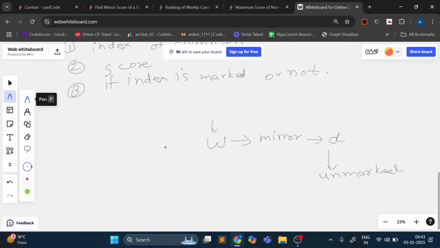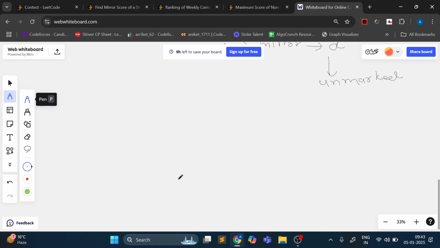Now the solution for this is to maintain a character to stack mapping. So for each character from A to Z, we will maintain a stack.